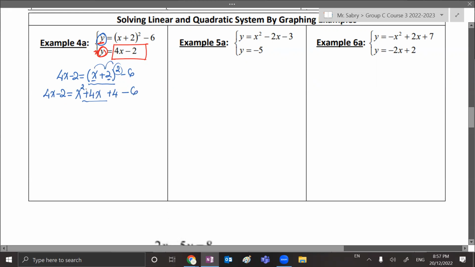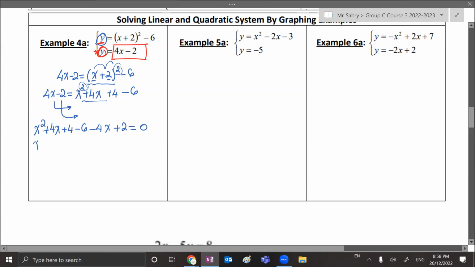Now I have x power 2, so I move everything to one side and make it equals to 0. So I'll move this to the other side and I'll move this to the other side. I'll have now x squared plus 4x plus 4 minus 6 minus 4x and then plus 2, and all equals to 0. So I moved everything to one side equals to 0.